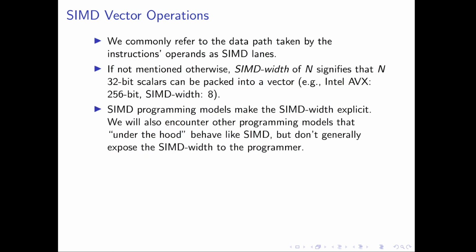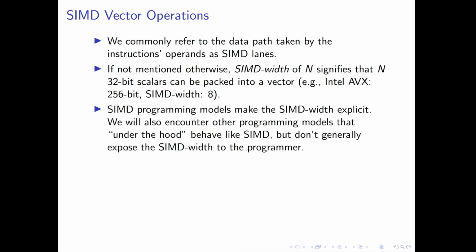A bit of terminology. When I'm talking about SIMD lanes, this is really the data path that the data items take. And when I say SIMD width, that means, when not mentioned otherwise, the number of 32-bit single precision scalars that I can pack into a single vector. We learned before that some instruction sets also allow us to pack double precision vectors into a SIMD register.